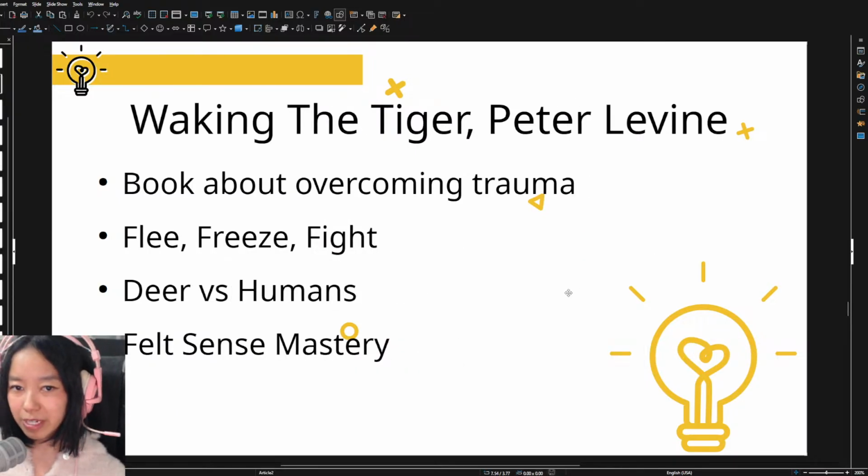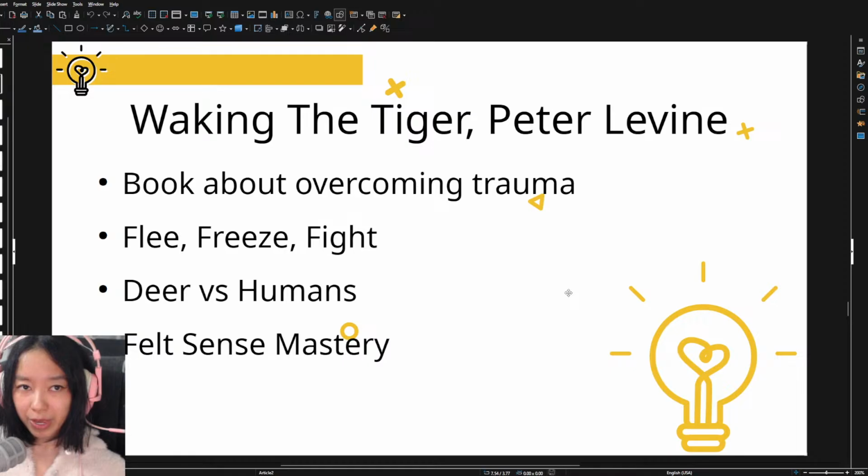In the book, Peter Levine, it's a book about overcoming trauma. They said that humans have some responses like flee, freeze, and fight. But animals like deer don't have that. If, for example, a deer is caught by a tiger, when they know they're going to get eaten, they will just go limp and accept the process.